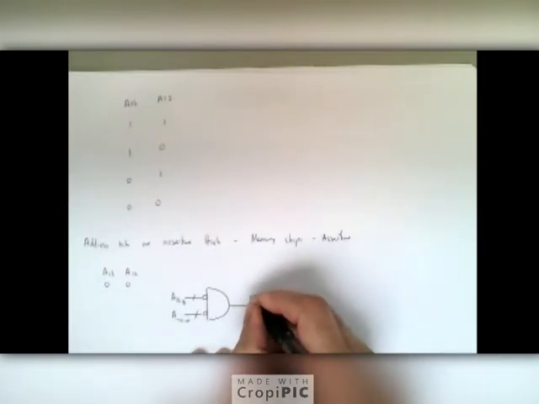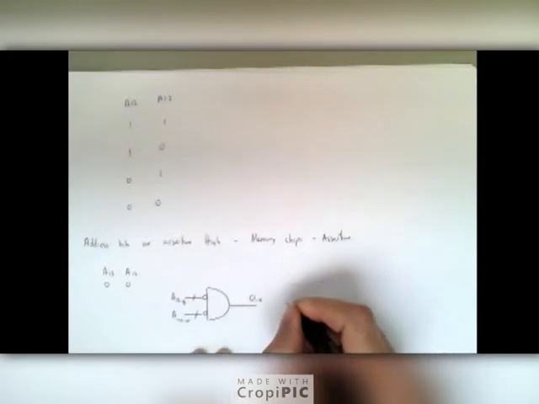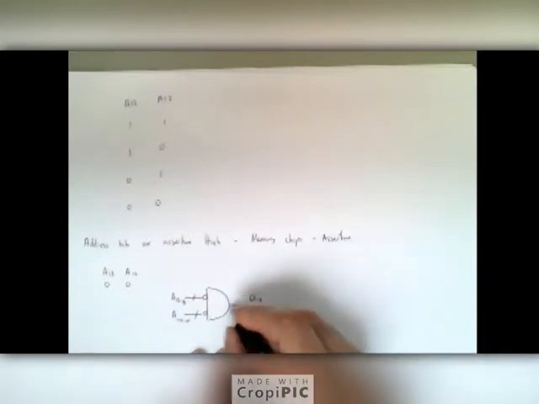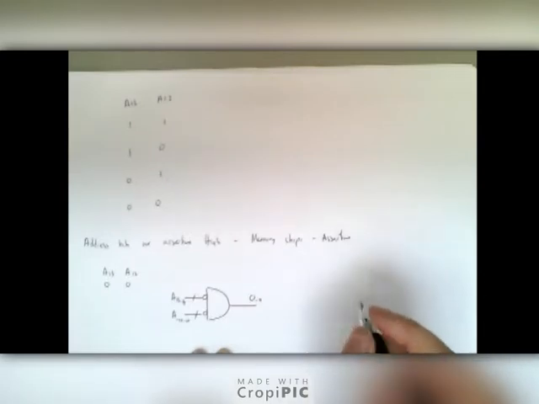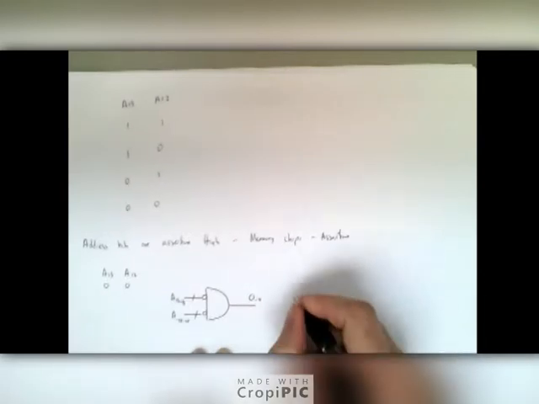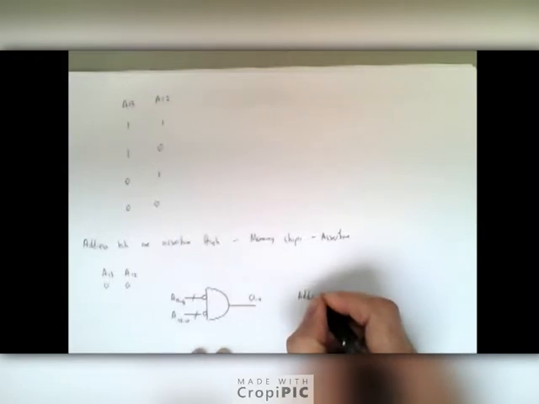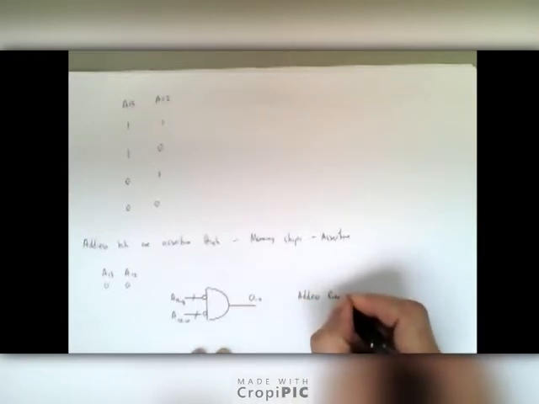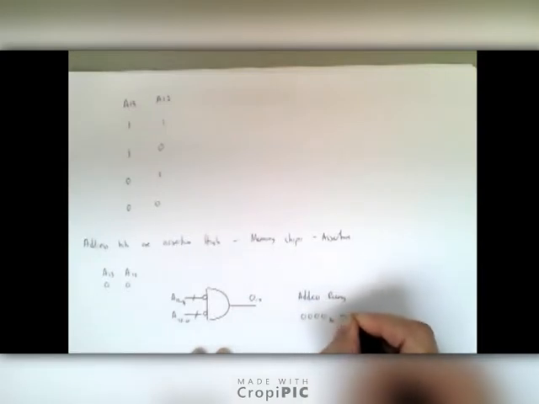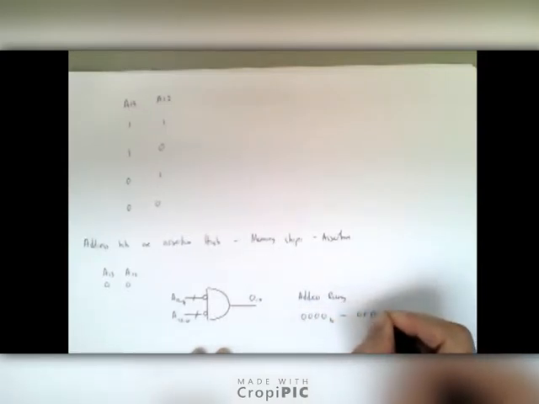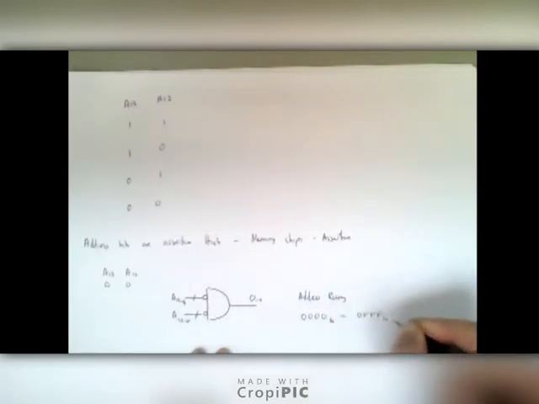Let's say O for output, assertive high, and this will be mapped onto our first block, the lower block, i.e. for the address range of 0 to 0FFF base 16.